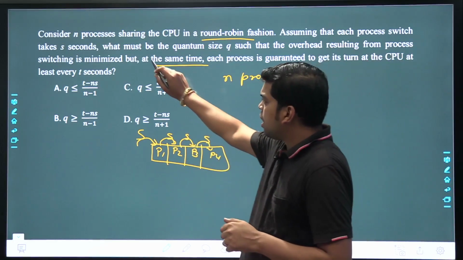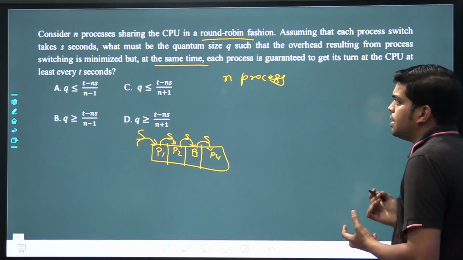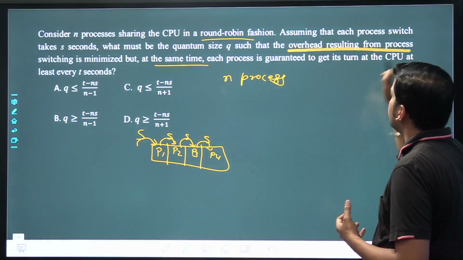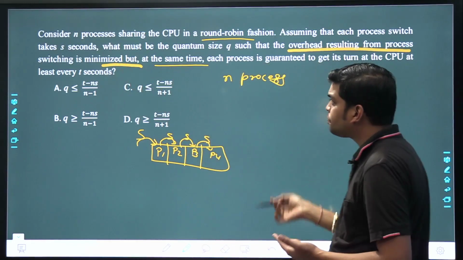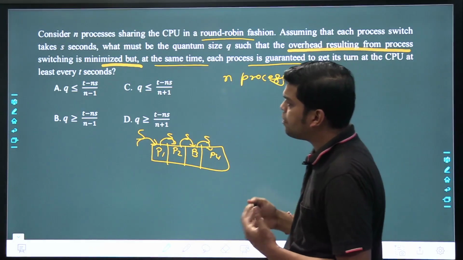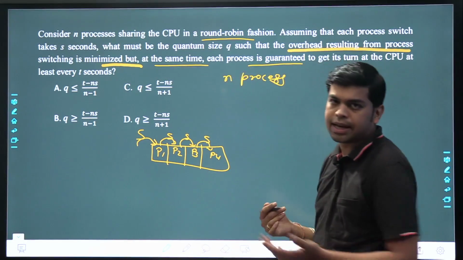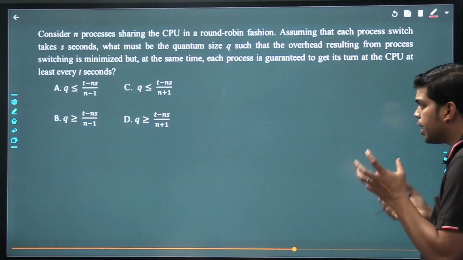Got it? Now what must be the time quantum size q such that overhead resulting from the process switching is minimized, at the same time each process is guaranteed to get its turn to the CPU at least every t seconds. Means we want to minimize the overhead.